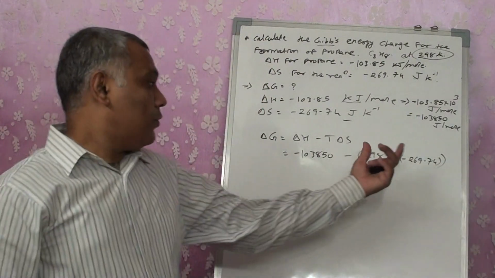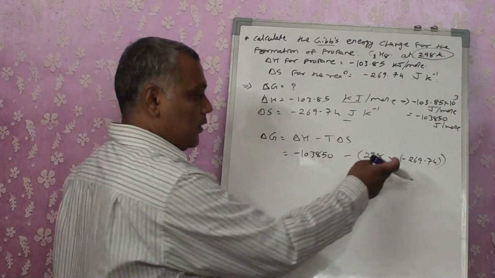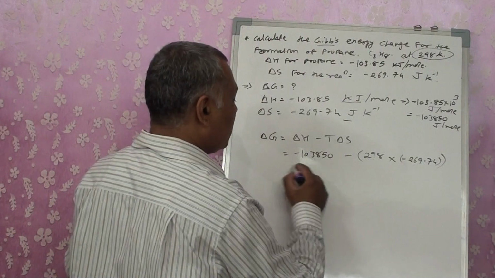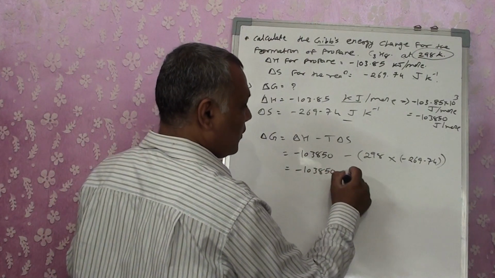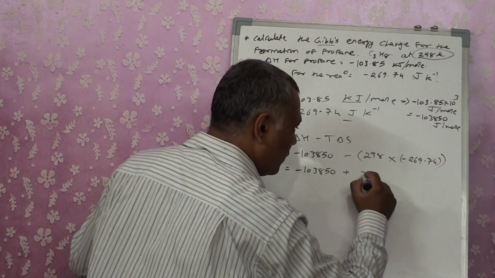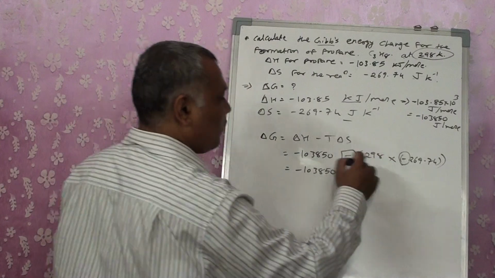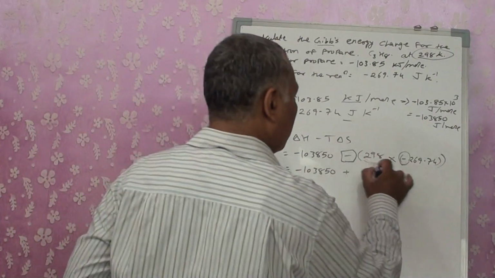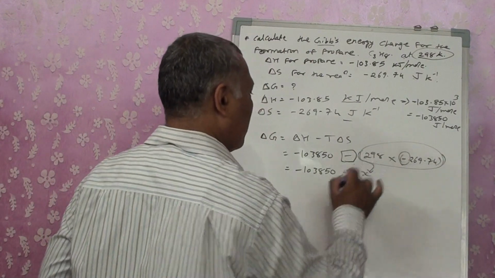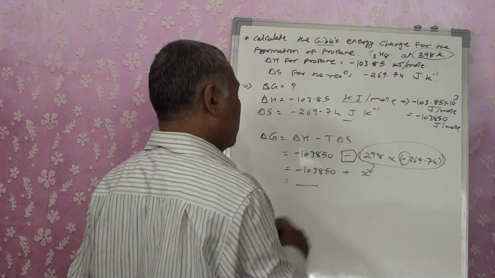Right? Now on multiplication, minus and minus will come out as plus. So we will be getting plus this value, because this minus and this minus will make it an addition. Whatever the multiplication of this value you get, we put it as x and get the answer.